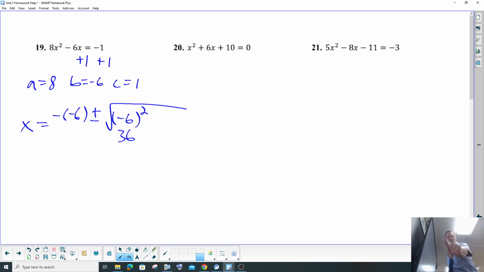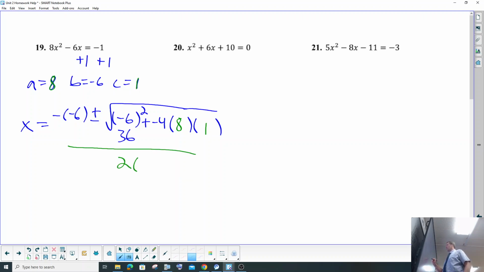Pause me. Try the quadratic formula on your own. Pause me. Plus a negative 4AC, where your A is 8 and your C is a 1, all divided by 2A, where A is actually 8.